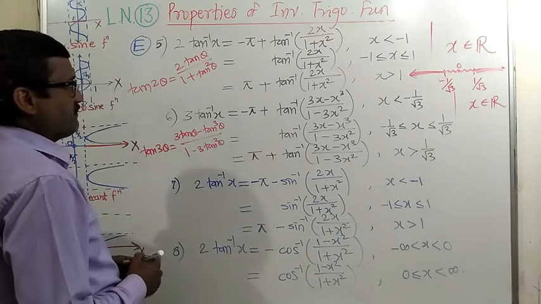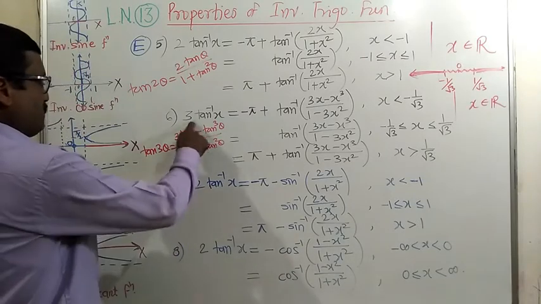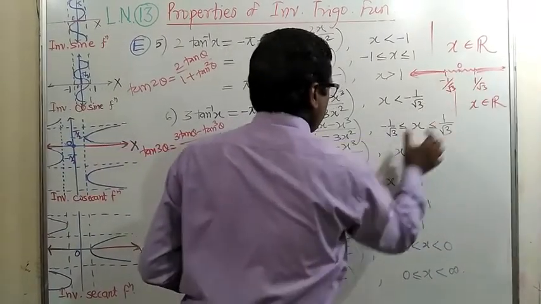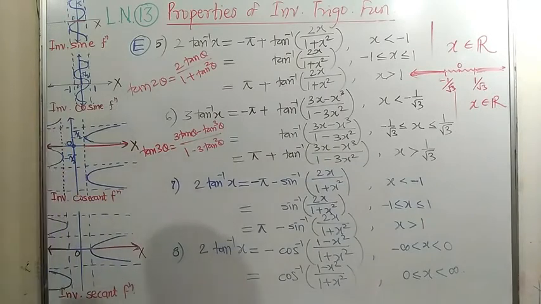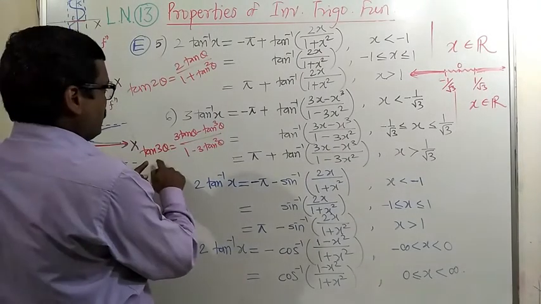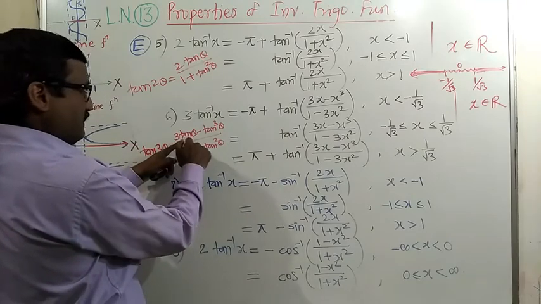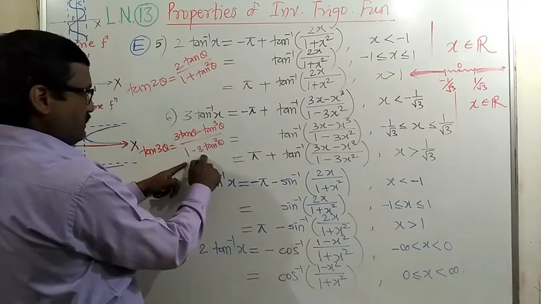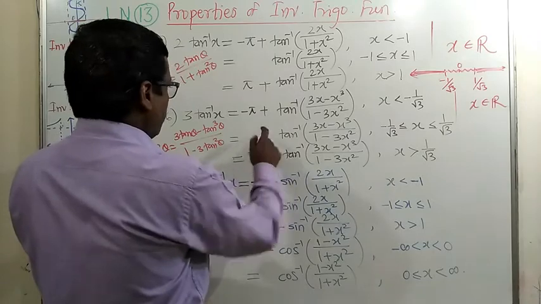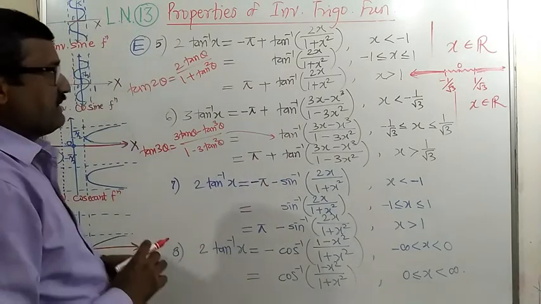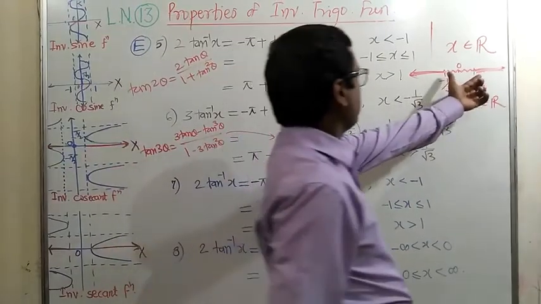to convert the angle into a single angle. Here 3 tan inverse x, for the middle interval from minus 1 upon root 3 to plus 1 upon root 3, is equal to tan inverse of 3x minus x cube upon 1 minus 3x square. So you can remember this formula for that central interval.